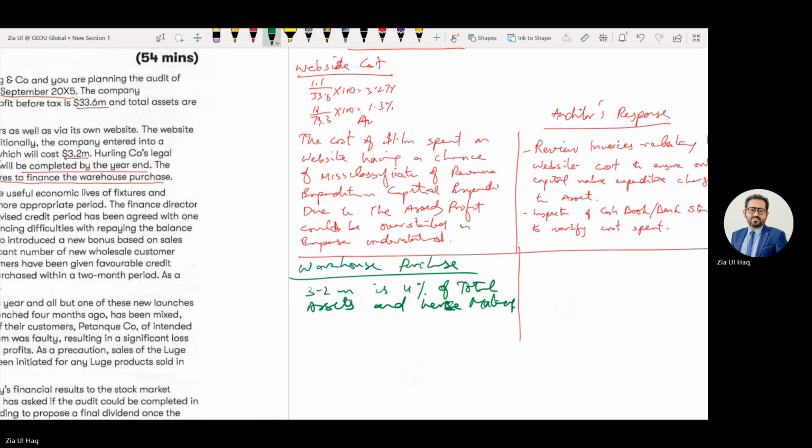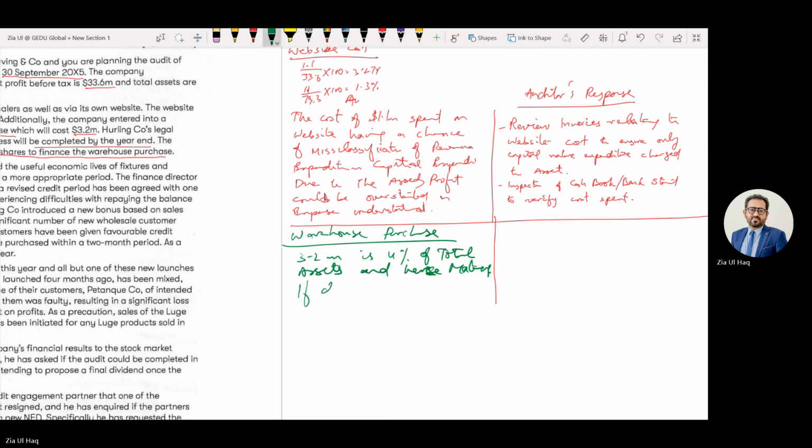If, due to delay in legal process, the asset is not registered under, what was the name of the company?